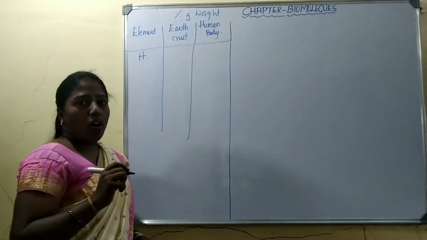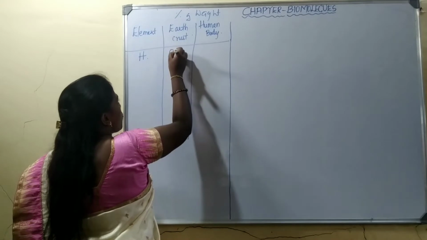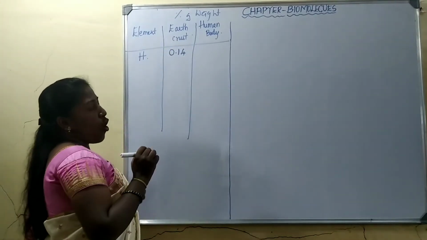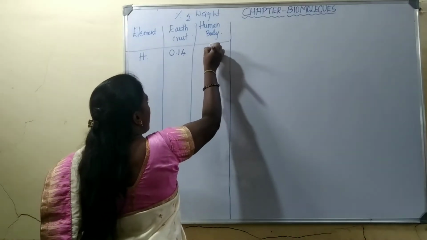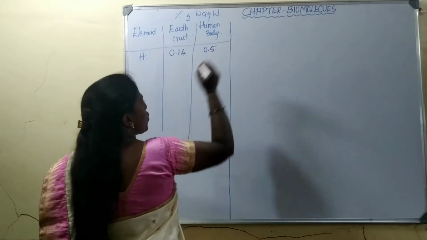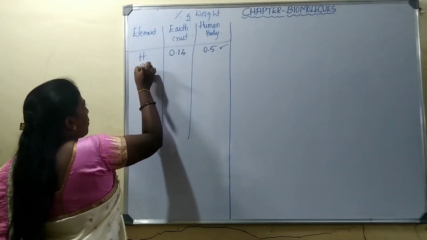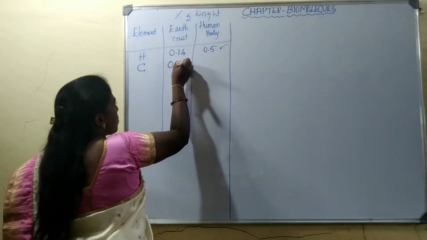In case of earth crust, the percentage of hydrogen is 0.14%. In case of human body, it is 0.5%. So it is more in case of living. The next is carbon. In earth crust, it is 0.03%.